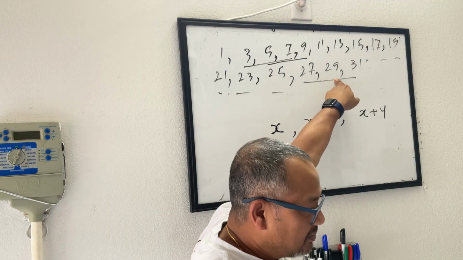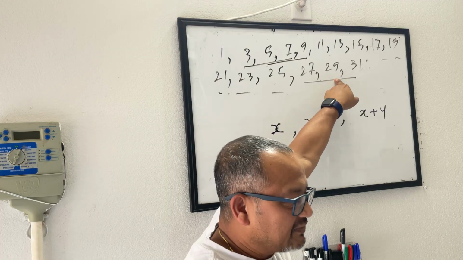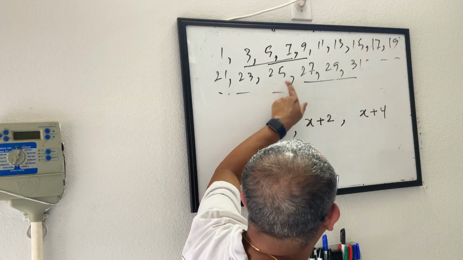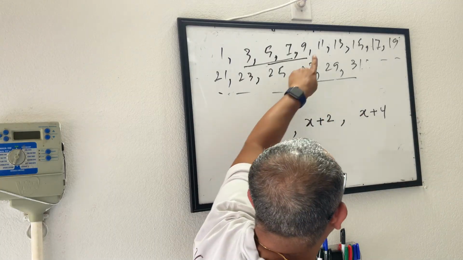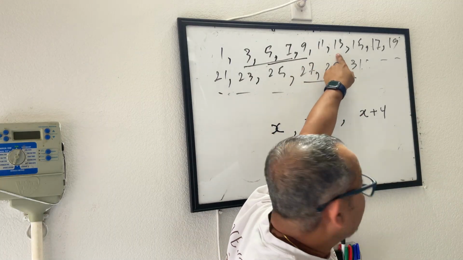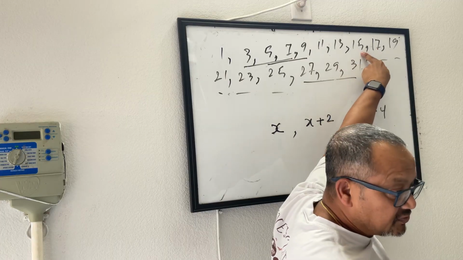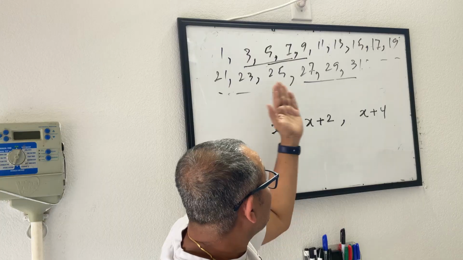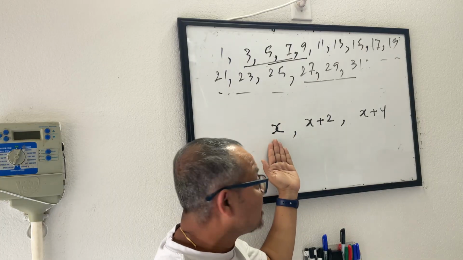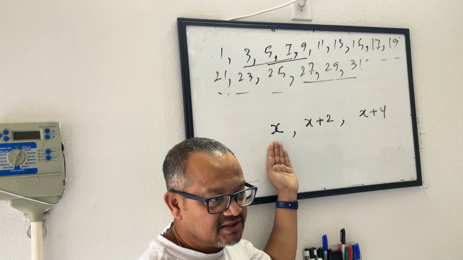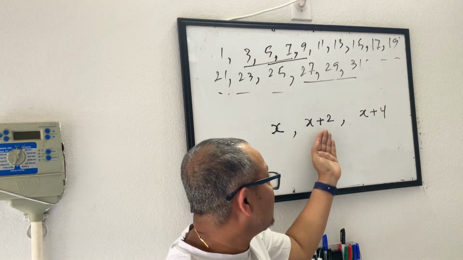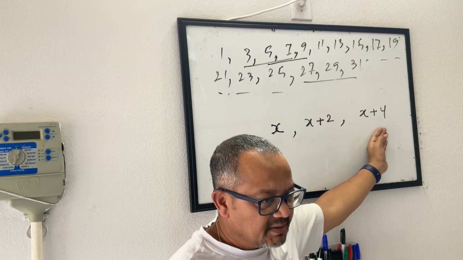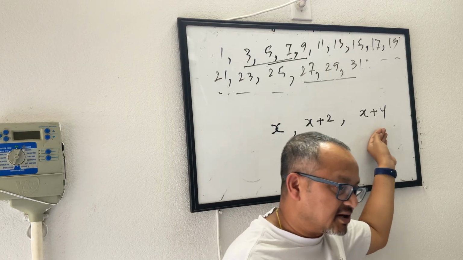Between any 2 consecutive odd numbers, the difference is only 2. If I'm looking at 11 and 13, the difference is 2; 15 and 17, the difference is 2; 17 and 19, the difference is 2. So when starting with a number x, my next number will be x plus 2, and the following number will be x plus 4. Everybody with me so far?